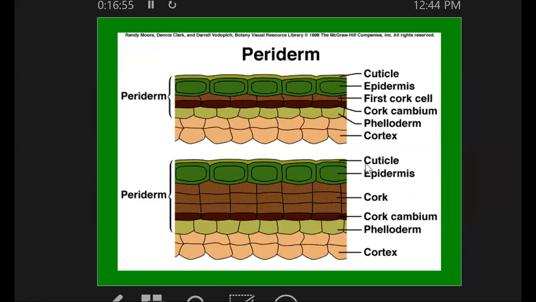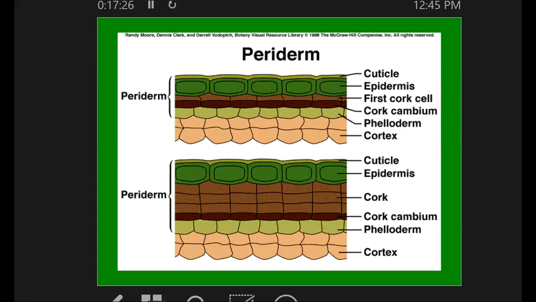I would like you to know that. Ignore cellular, I'm not kidding. And then when the cork cambium divides to the outside, it produces cork. So that I want you to know. So the upper image is younger. The lower image is a more mature plant where you can see layers of cork building up to create a thicker bark. So over time, you can get a thicker bark depending on the plant species.